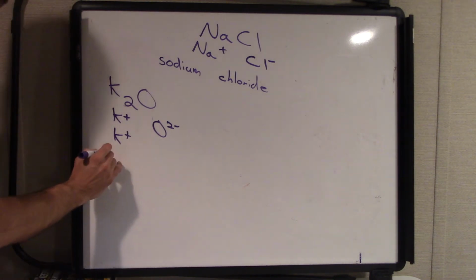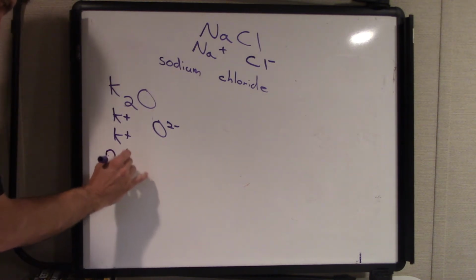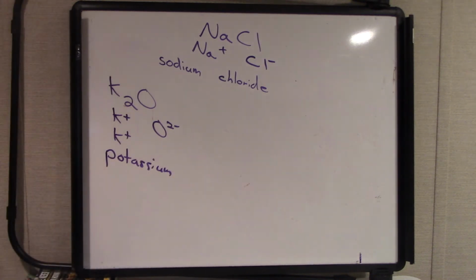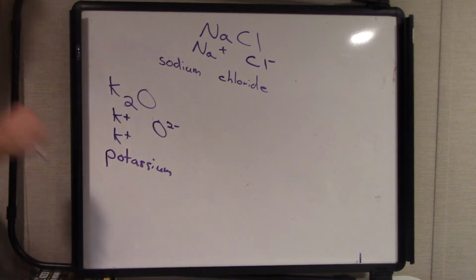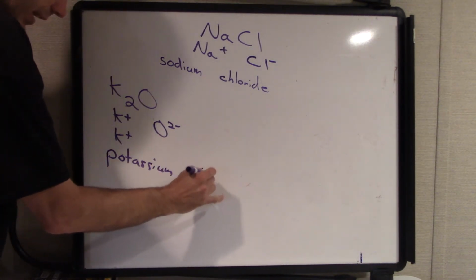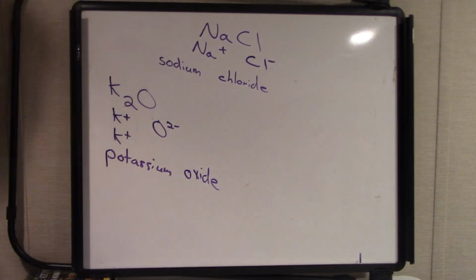Name the positive ion first, keeping the name of the element. So we're looking at potassium. Then it says name the negative ion, replace the ending with -ide. So oxygen is replaced by the -ide ending, and we get potassium oxide.